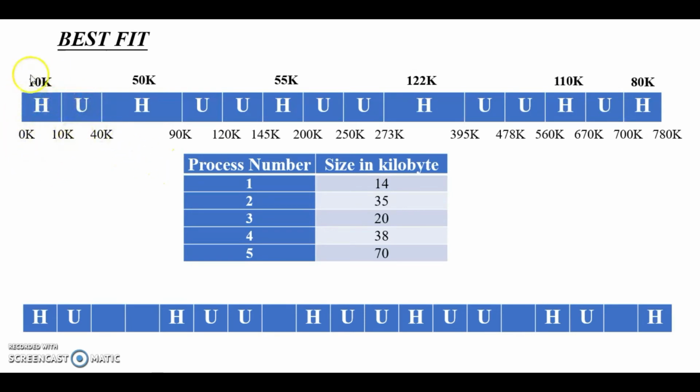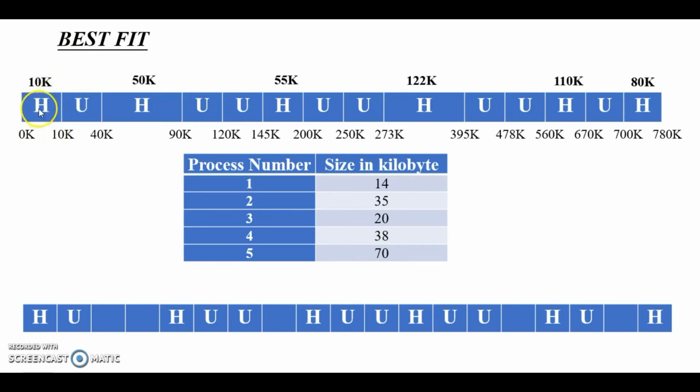Does the process number fit in the smallest hash? If not enough, then we go to the second smallest hash. Process 1. Does process 1 fit in the smallest hash?